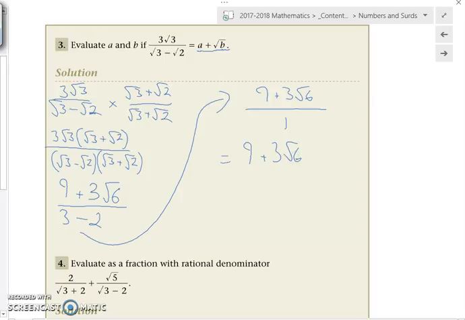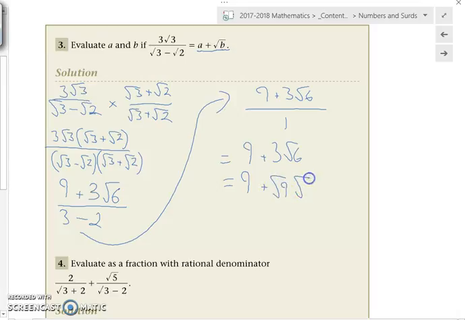We're not quite in that form. What are we going to do? We've got to get that 3 back in there, don't we? Root 3 times 6, which is 18. Root 18. Root 9.